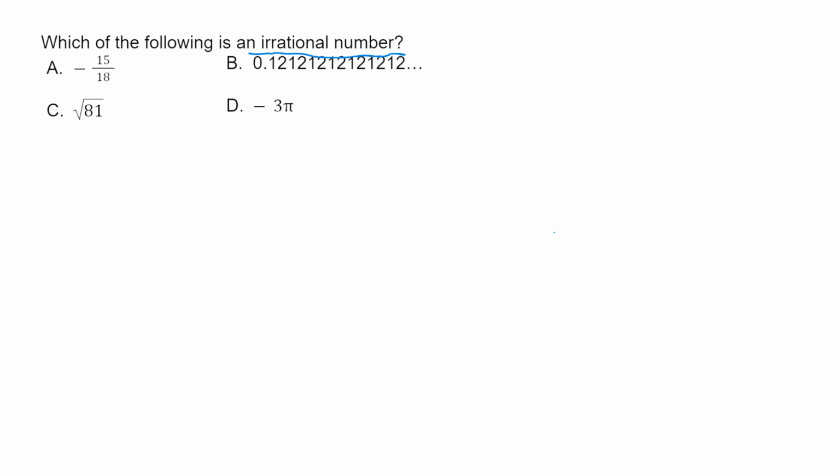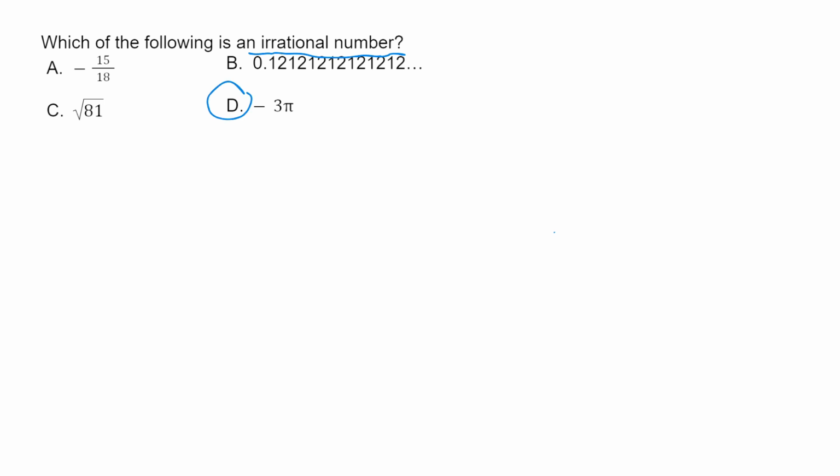The best example for irrational numbers is pi. We can also have square root of 2, square root of 10, because those numbers are not perfect squares. So once you see a number with pi, automatically that's an irrational number. So our answer here should be letter D already, okay?